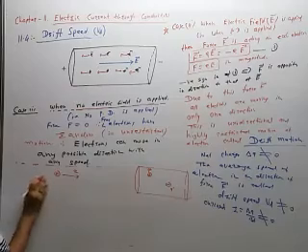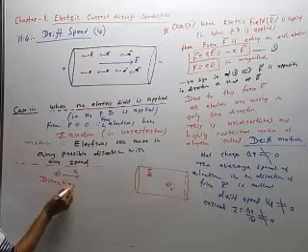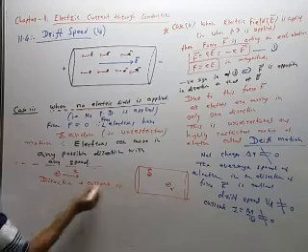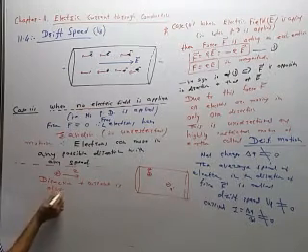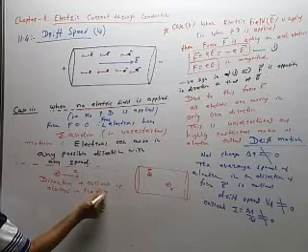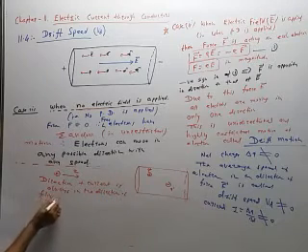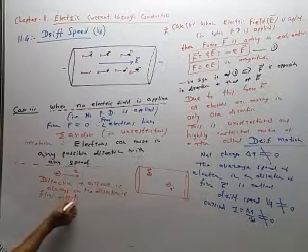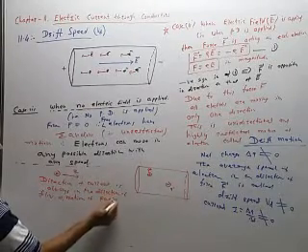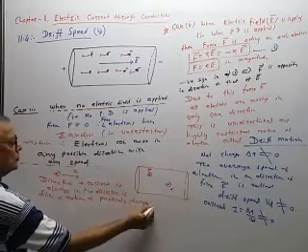So direction of current is always in the direction of flow or motion of positively charged, we can call it proton, positively charged particles.